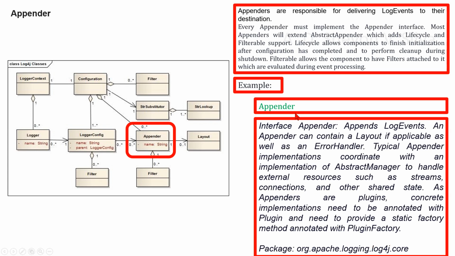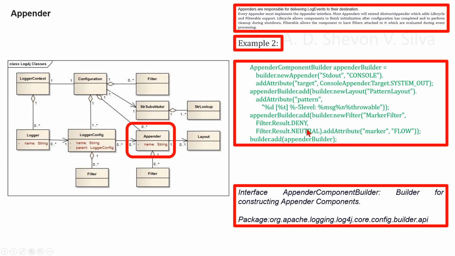This is in the package org.apache.logging.log4j.core. As an example, we can consider this code segment. Here you can see interface AppenderComponentBuilder, the builder for constructing appender components. This is in the package org.apache.logging.log4j.core.config.builder.api.